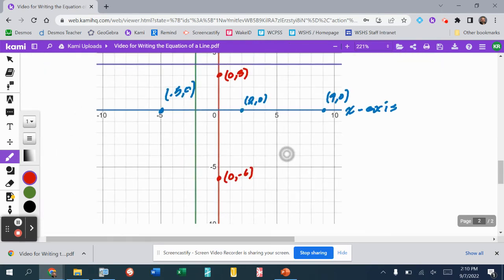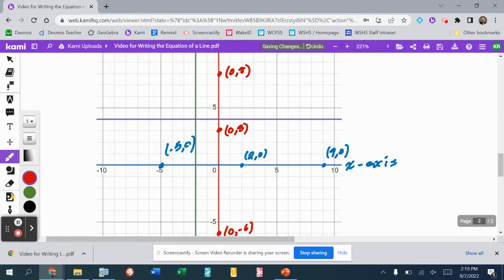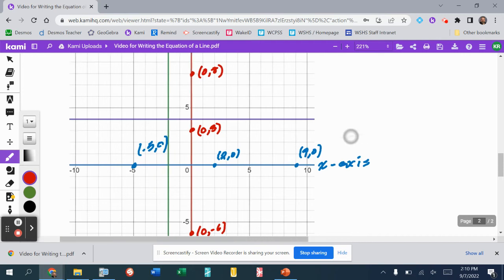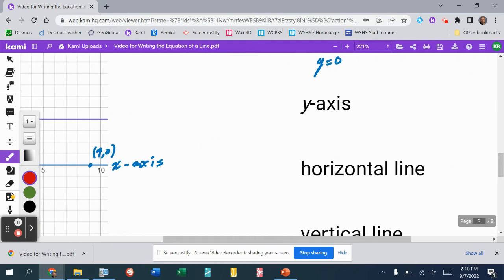So similar to the x-axis, what you should notice here is that all of the x-coordinates are 0. When we talked about the x-axis, all the y-coordinates were 0, and so we wrote y equals 0. Well, on the y-axis, all the x-coordinates are 0. So when I write an equation for the y-axis, it is always x equals 0.